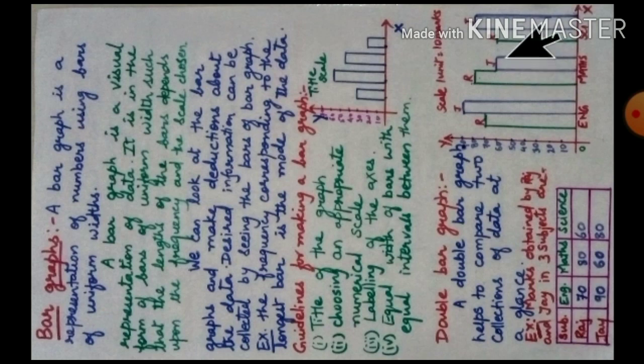So from this graph we can clearly see how much is the difference between the marks of the two. Here you should write the subjects and here you should write the proper marks with proper scale. Here we have taken 1 centimeter equal to 10 marks, 1 unit equal to 10 marks. So this is the double bar graph.